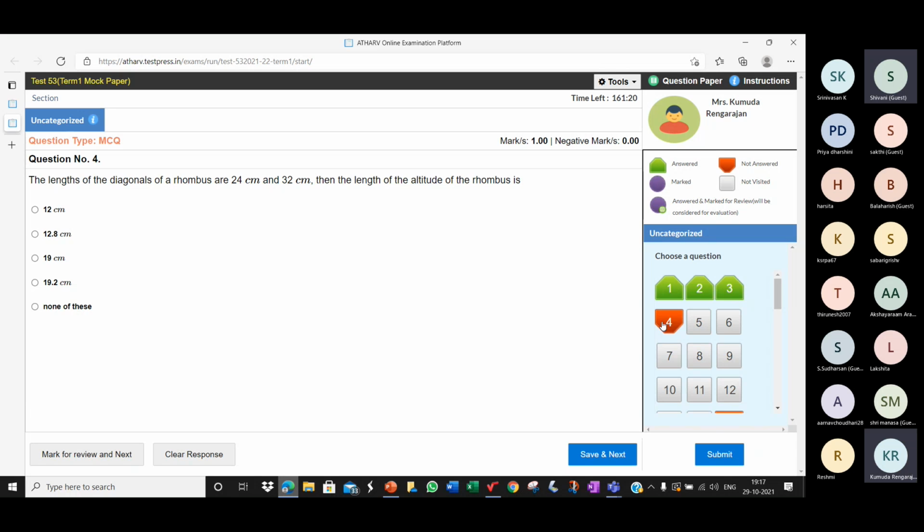So how do we do this? How do you find the area of the rhombus? What are the two formulae to find the area of a rhombus?